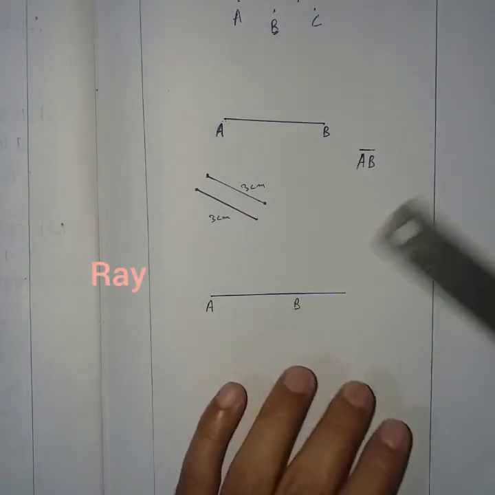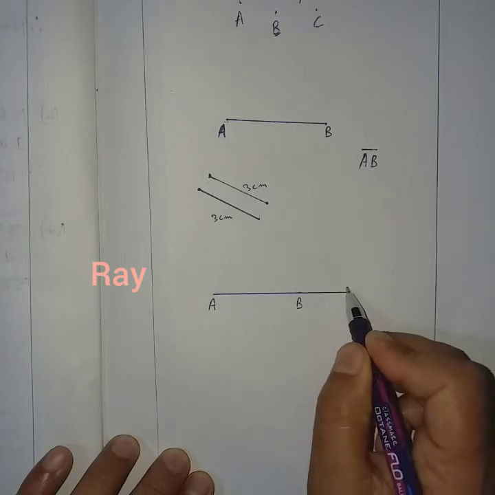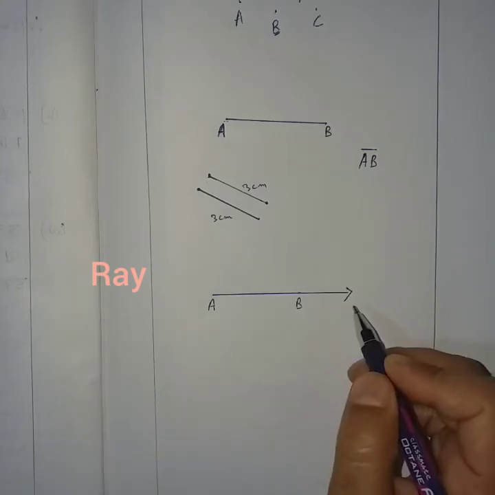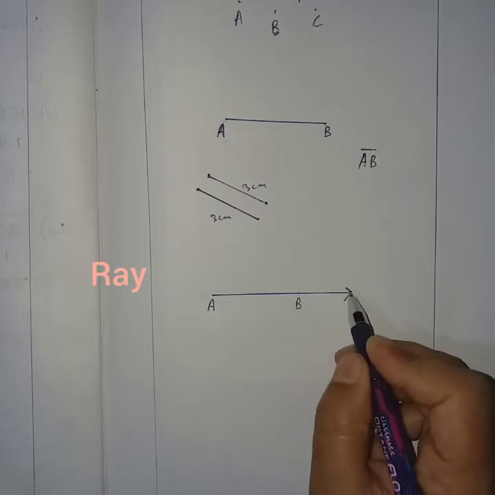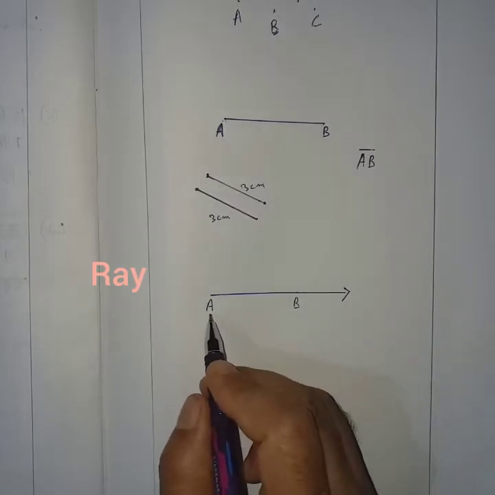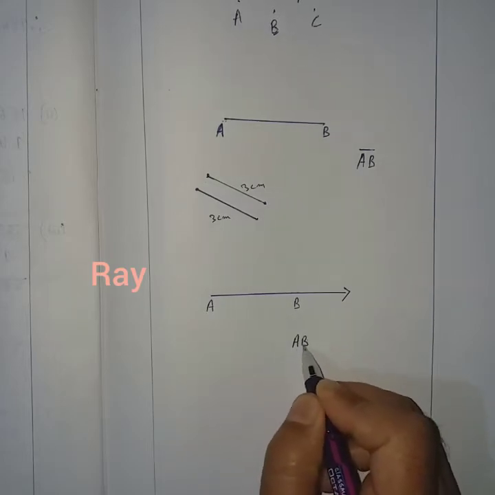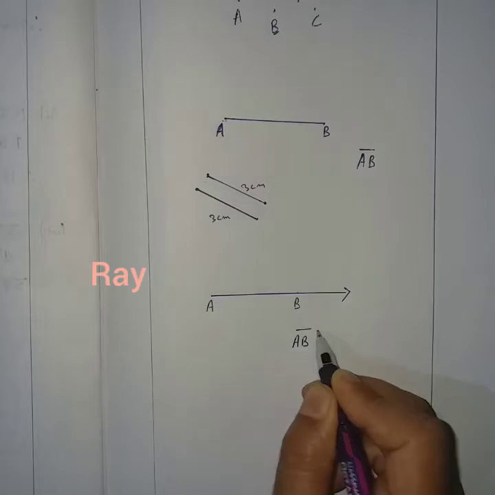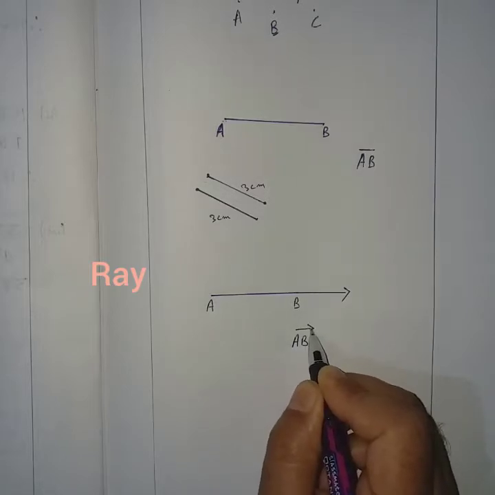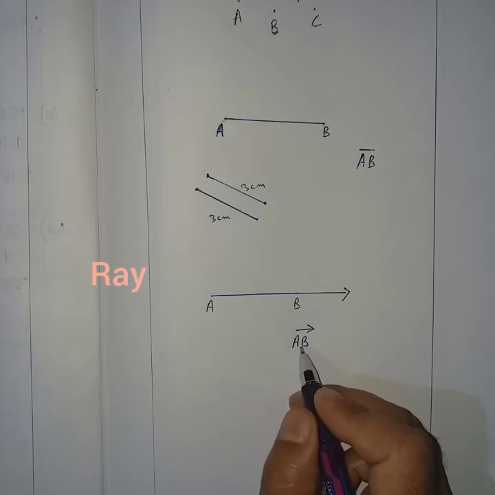The head of this is marked by an arrow. So a ray is represented as AB, and above this AB, one arrow. So this represents a ray.